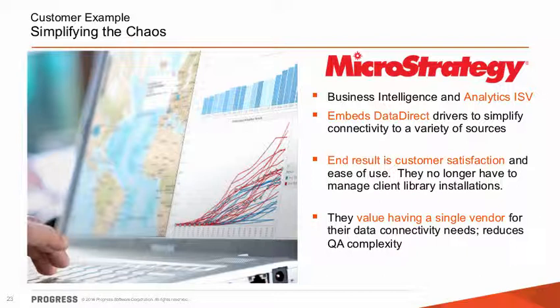But what that allows them to do is have a single vendor, the one throat to choke, where all of their data connectivity comes from one source. It reduces their QA complexity. It reduces their development workload because they're dealing with one consistent set of connectors that allow them to code against any data source as if they were all the same, with support for SQL, for example.